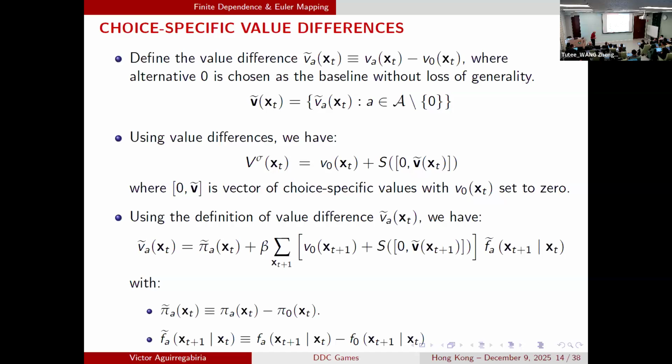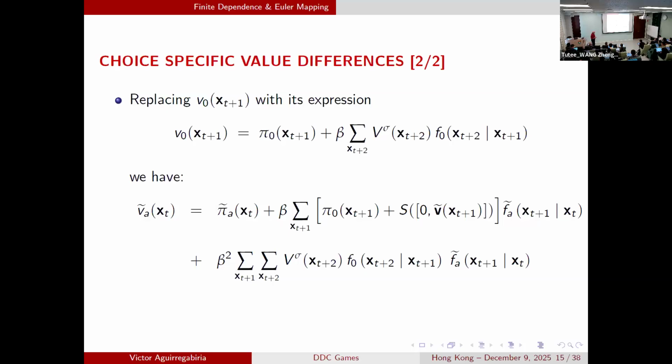I'm going to do the same for this value V_0. We know that value V_0 is the current payoff today of choosing alternative 0 plus the next period expected value, now at period t+2, integrated over the distribution of x_{t+2} if alternative 0 is chosen today.